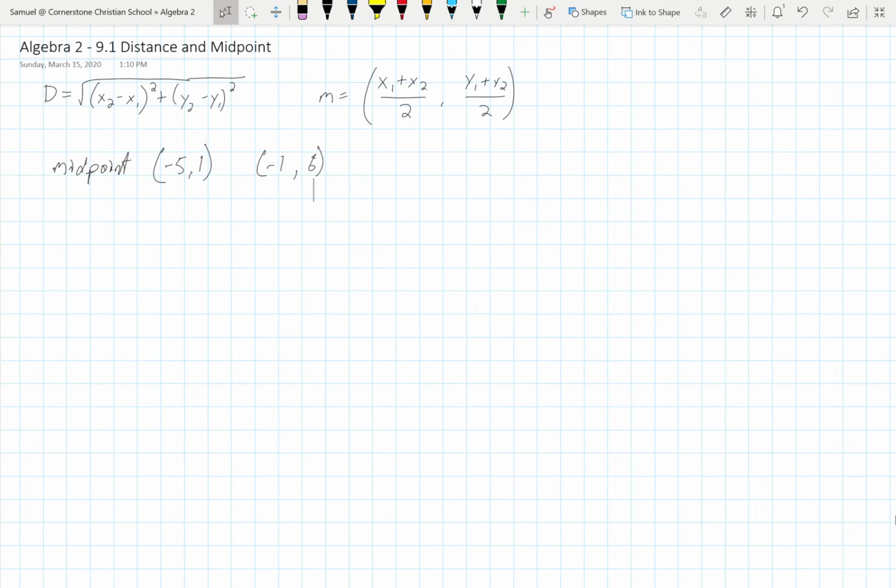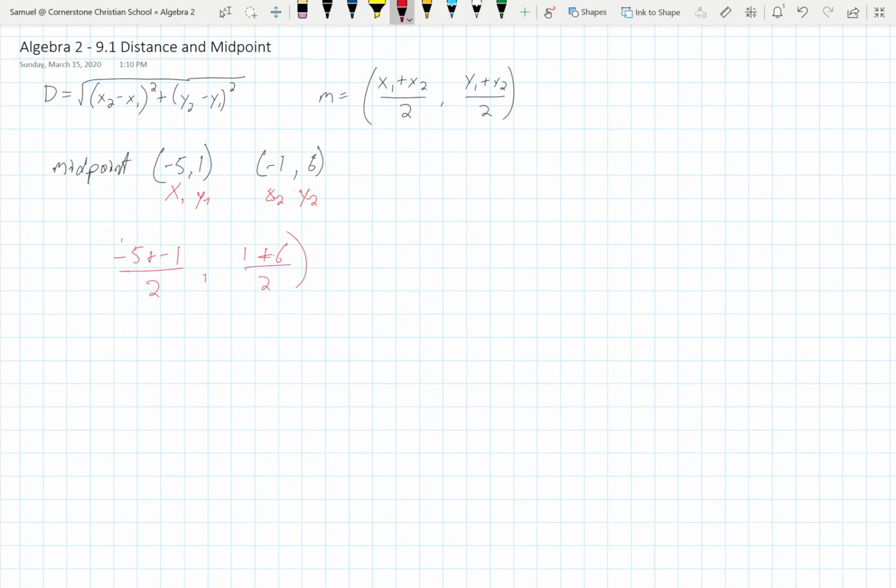So using this midpoint formula, I'm going to label these as x1, y1, x2, y2. And so we're plugging that into the midpoint formula here. -5 plus -1 divided by 2, and 1 plus 6 divided by 2.